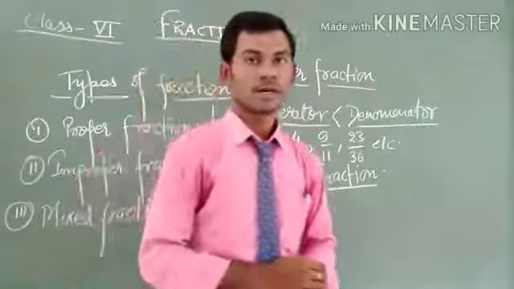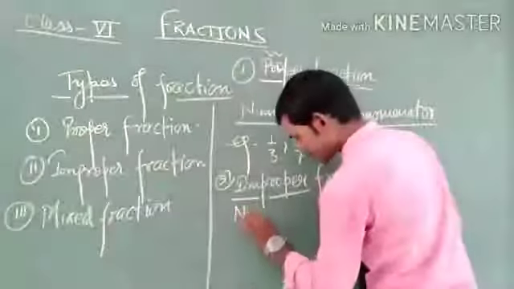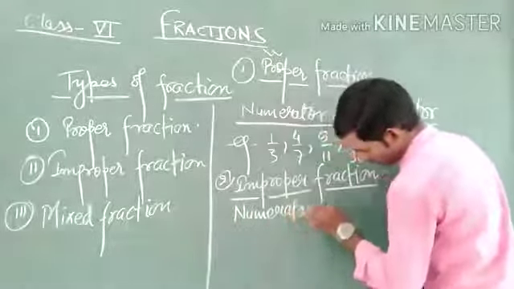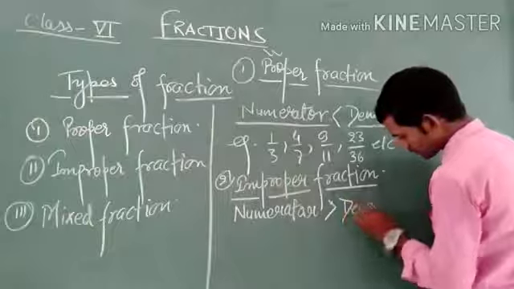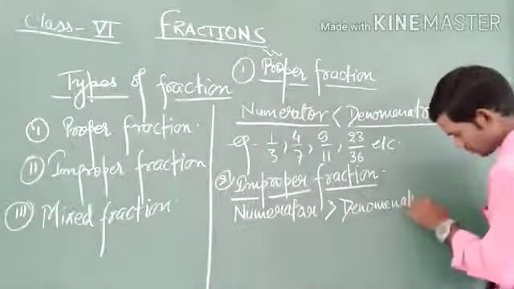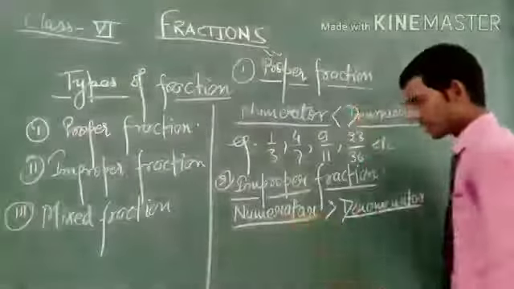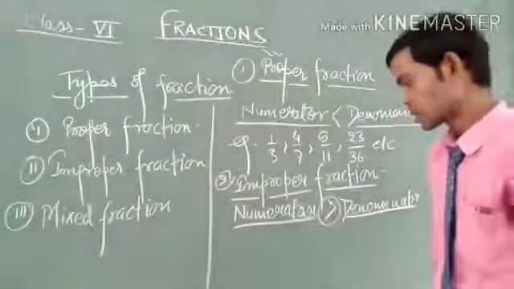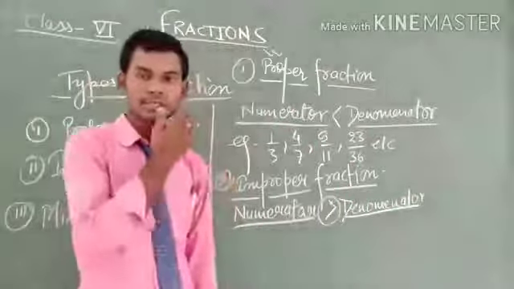So here is the condition: numerator is greater than denominator, which represents improper fraction. Okay, so I hope the condition is clear.